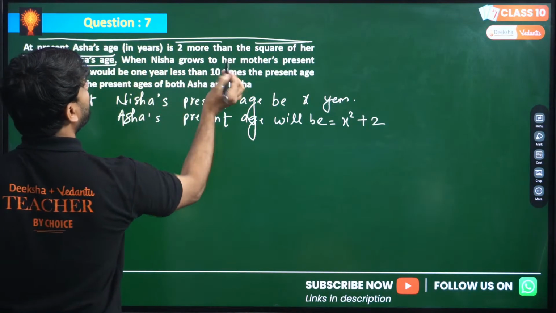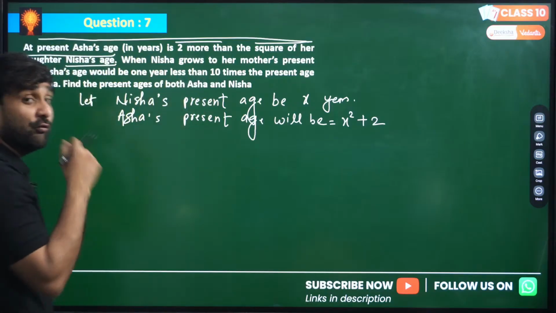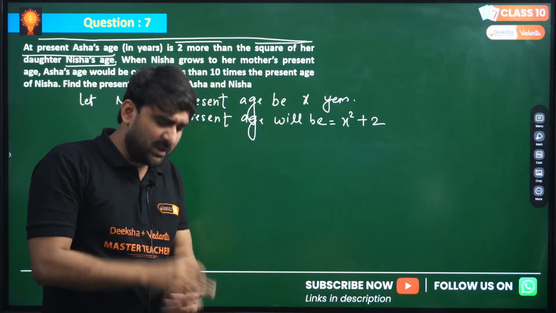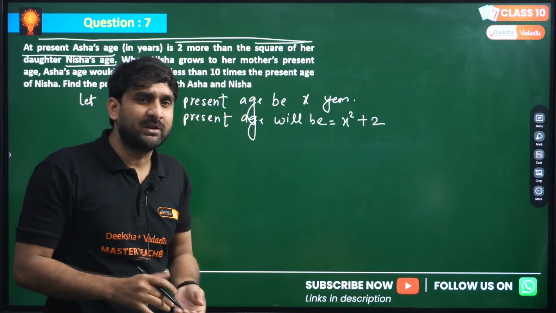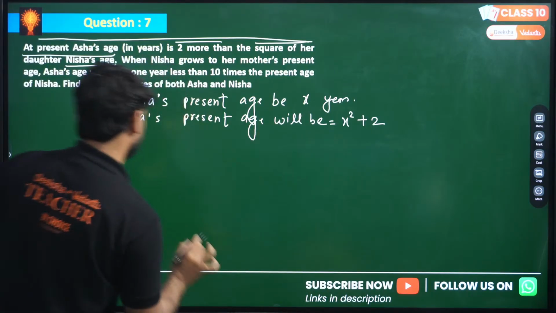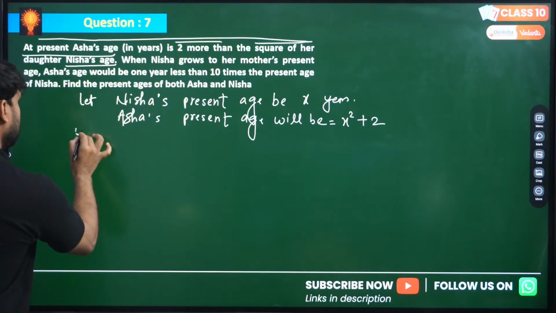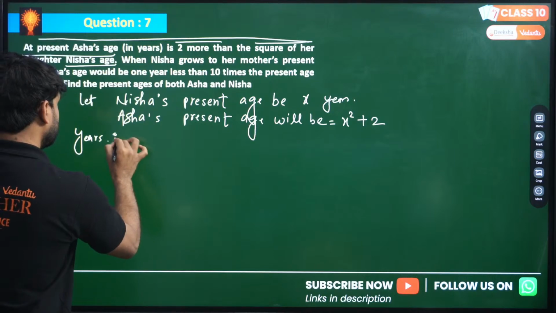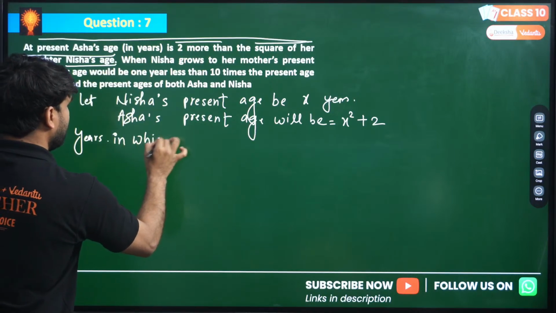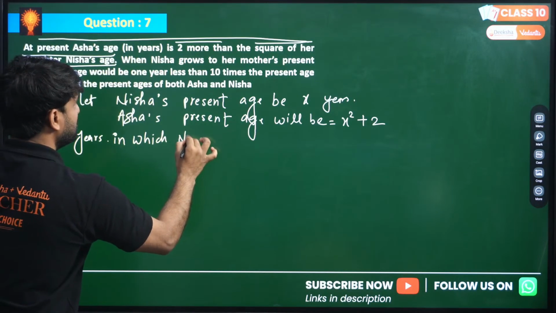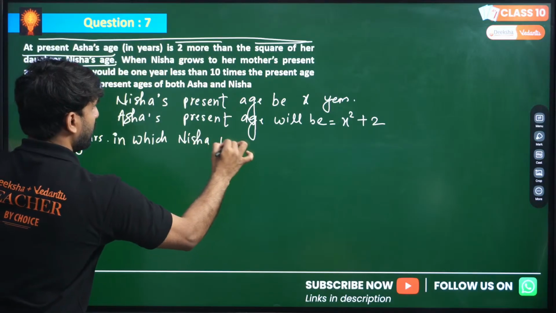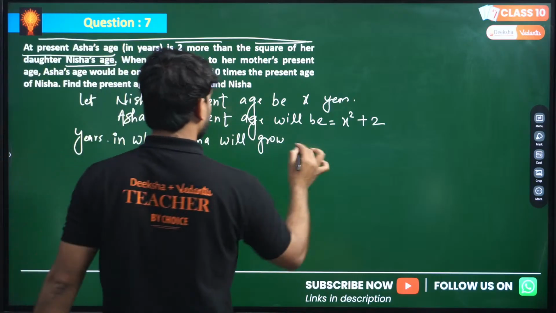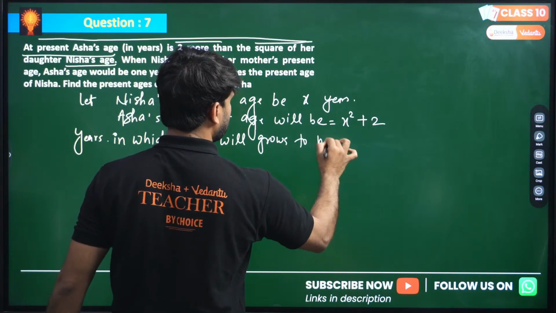When Nisha grows to her mother's present age, when Nisha becomes equal to the present age of her mother, the difference between them is the number of years in which Nisha grows to her mother's age.